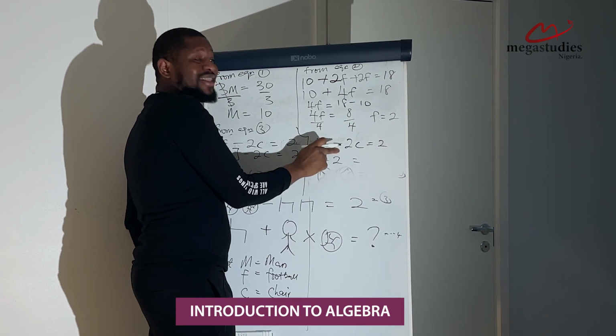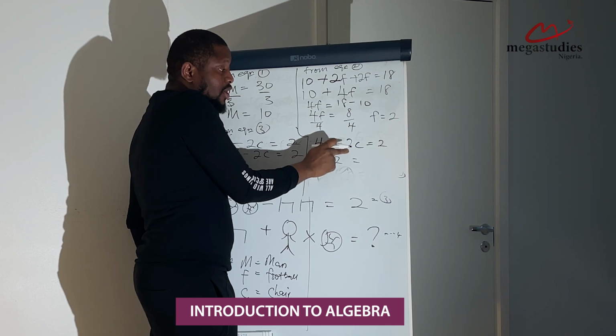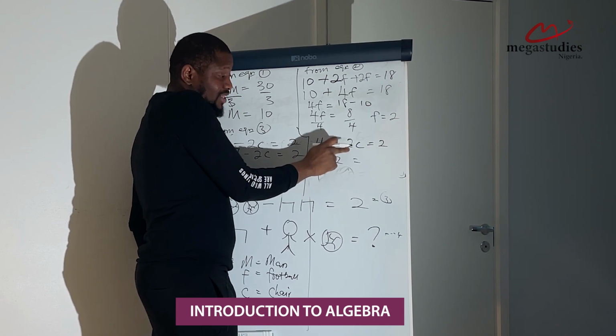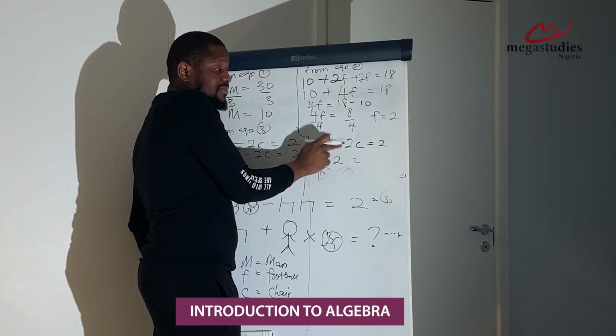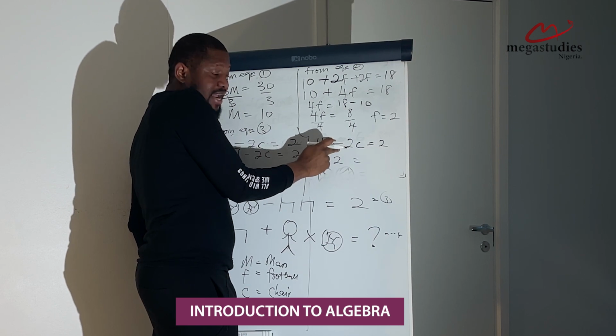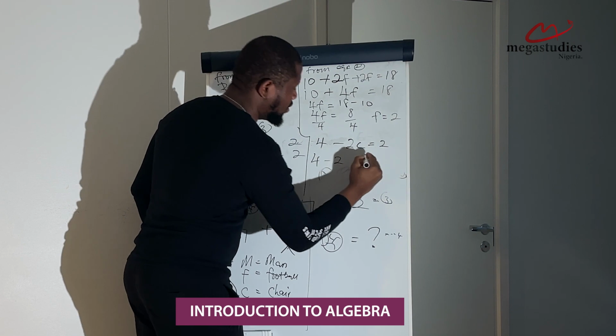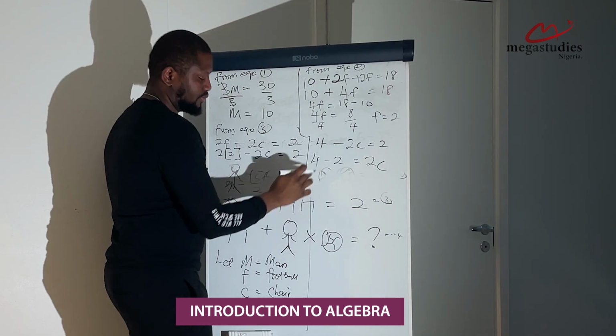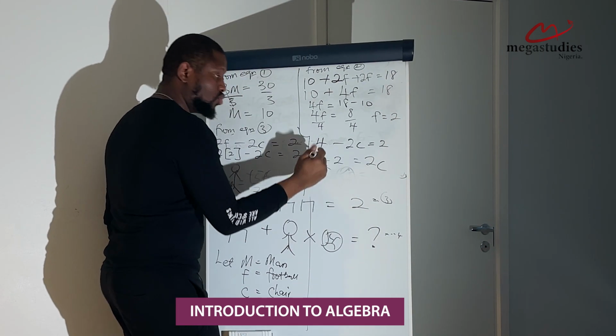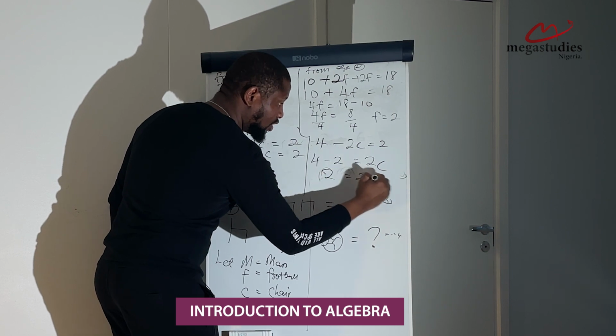The coefficient of c here is minus 2, so there's a negative sign here. Because it's crossing the equal to sign, it will turn to 2c. Now, 4 minus 2, we have 2 equals to 2c.